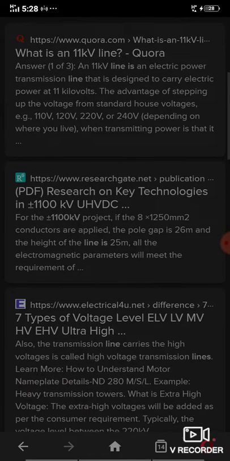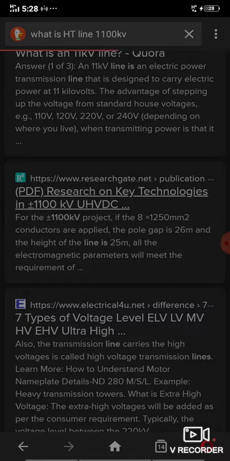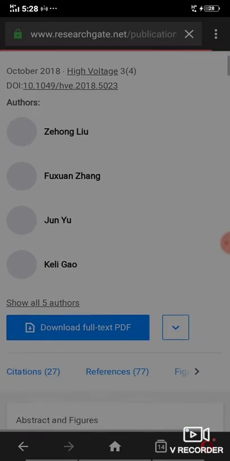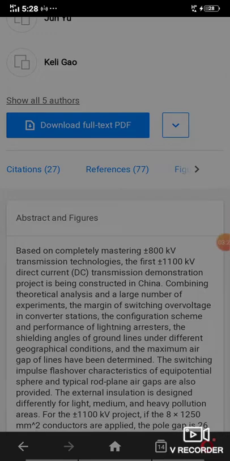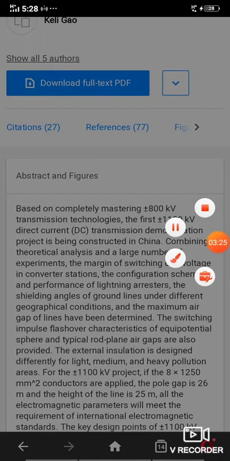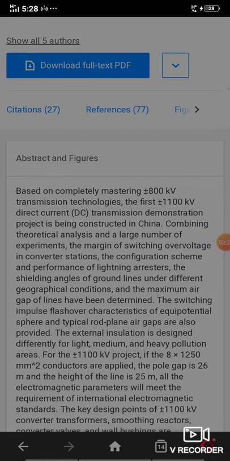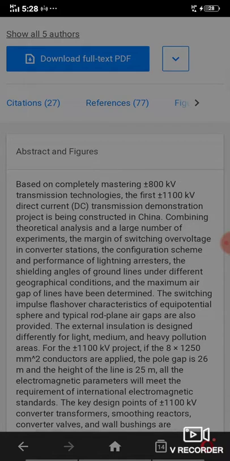So here our research paper review. First of all, based on completely mastering plus minus 8 kVA transmission technologies, the first is direct current transmission demonstration. Project has been constructed based on completely mastering plus minus 8 kVA transmission technologies.